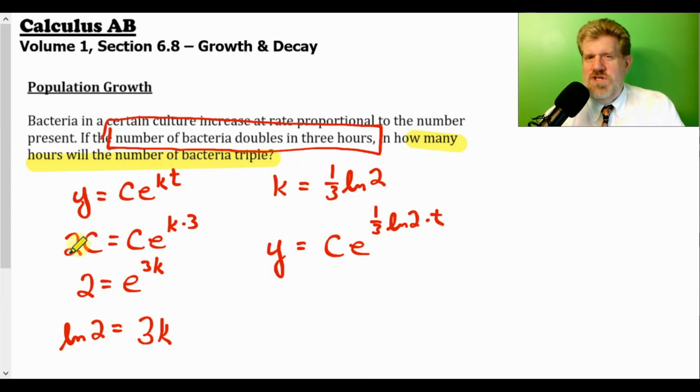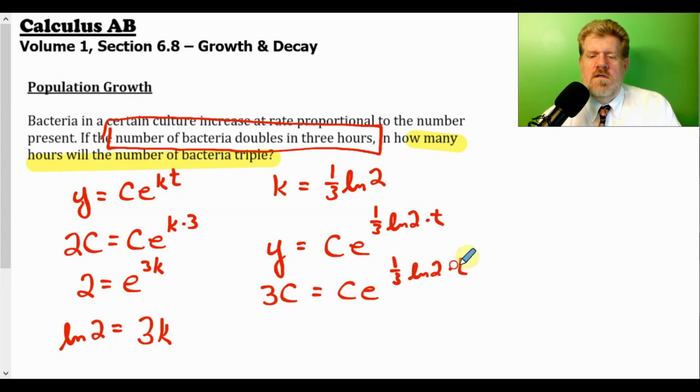So I didn't really have to know how much I started with, because I'm doubling it and I'm tripling it. So what I know is if I triple my starting value, that's 3C. Divide both sides by C again. And here is my equation.